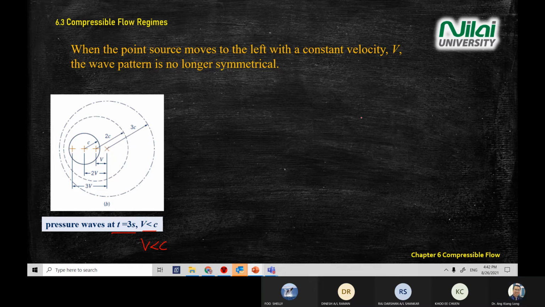First, you stand at one position at T equals 0. Next, after 1 second, your position will be here, T equals 1 second.